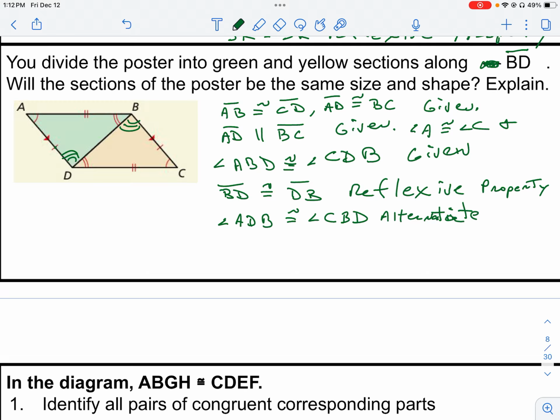So that's alternate interior angles. So triangle ABD is congruent to C.